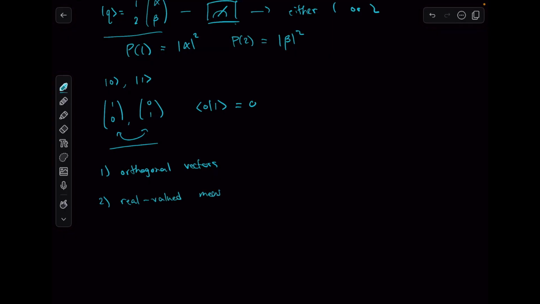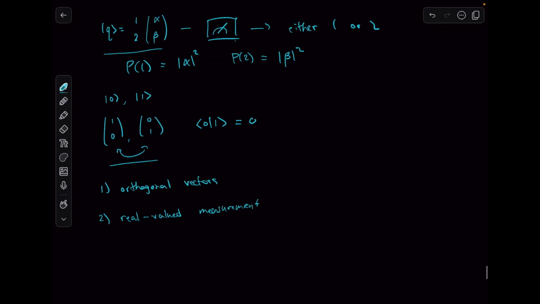And I just say that because up until now, we're working with complex vectors and all these complex numbers, but we want the thing that we actually measure to be a real number, something that we're more familiar with. And these are all things that you would have to take into consideration if you were building up the theory of quantum mechanics or quantum computing from scratch and trying to make it match with experiment.